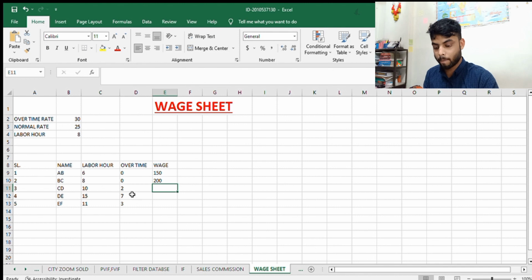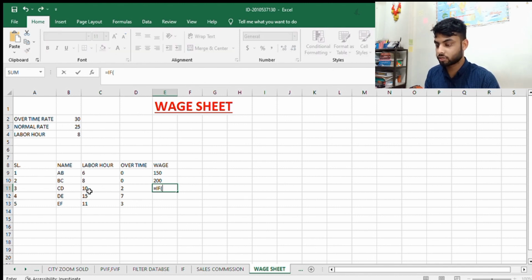Third person's, if logical test, labor hour is greater than 8, then 8 into 25 plus overtime into 30. If it falls, then labor hour into normal rate, then close the bracket, enter.